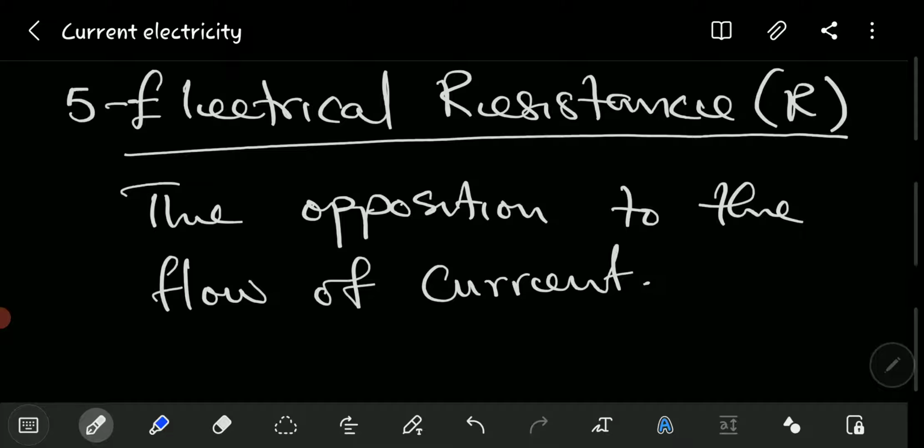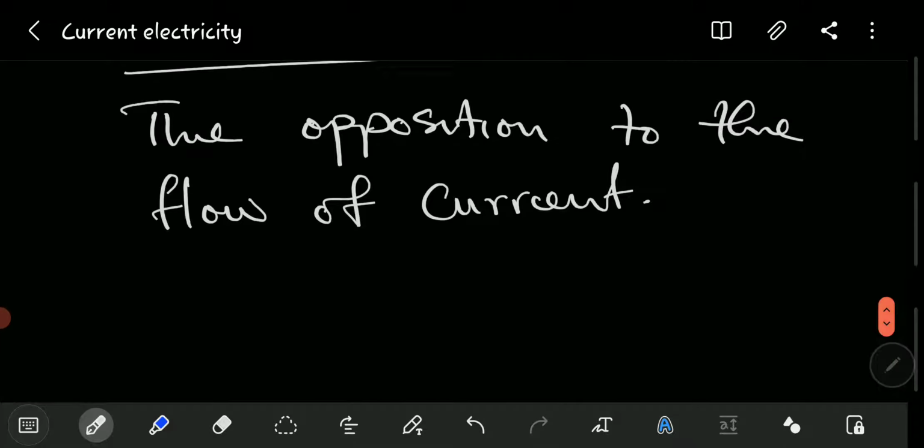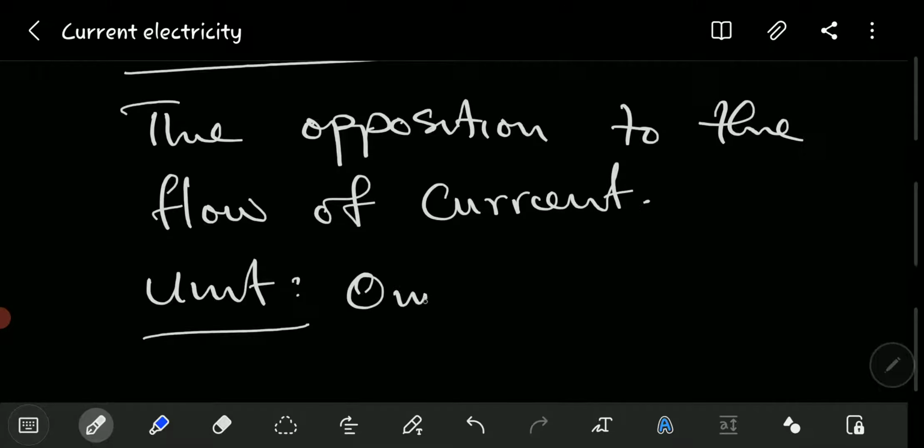So whenever there is opposition to the flow of current, then we have electrical resistance. Regardless of the situation, in most of these circuit components, these conductors, we always have opposition, which is resistance. Electrical resistance is measured in units called ohms.